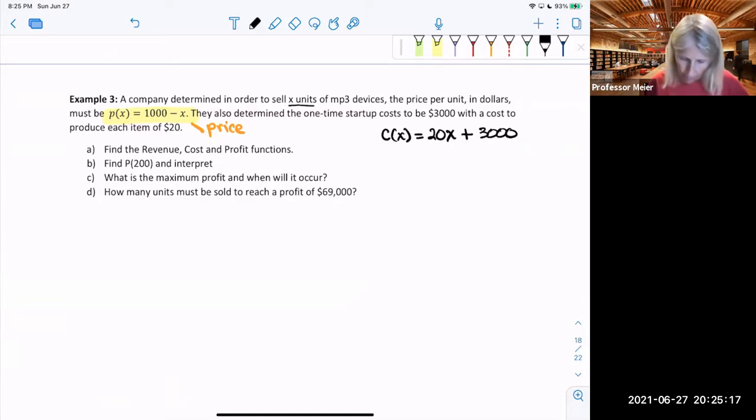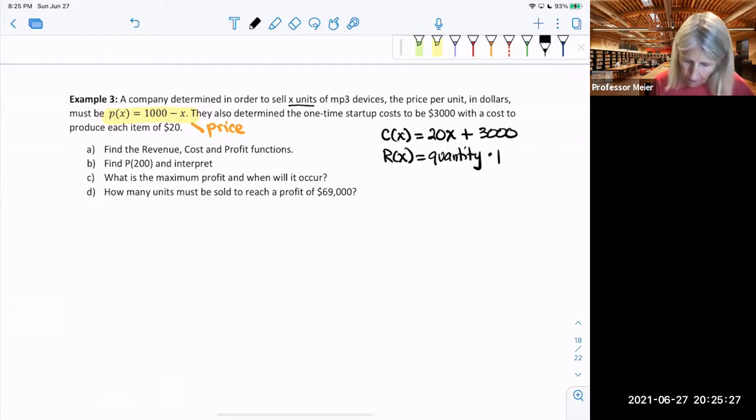Revenue. Now revenue, remember, we've mentioned before is always the quantity, which in our problem is X, multiplied by the price, quantity times price.